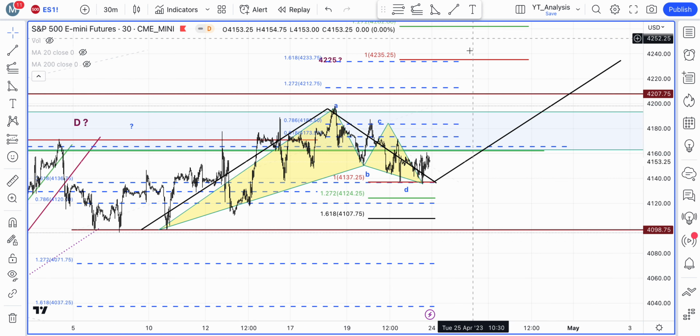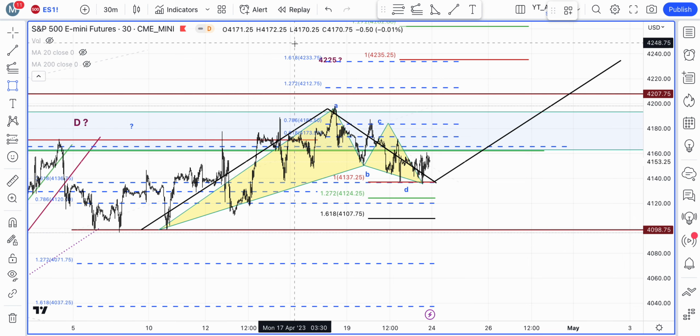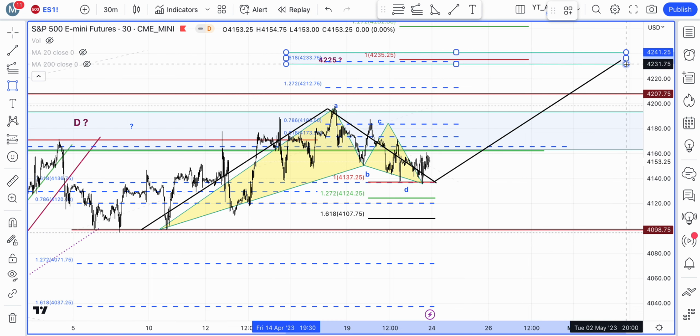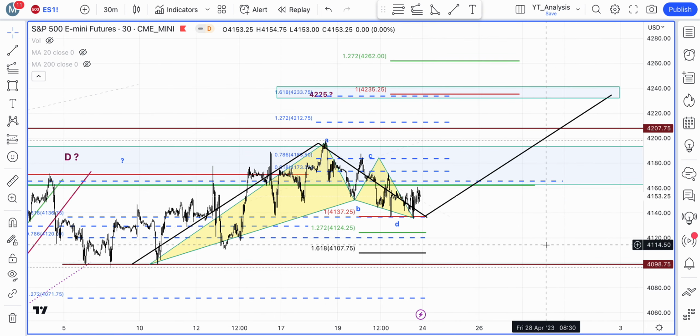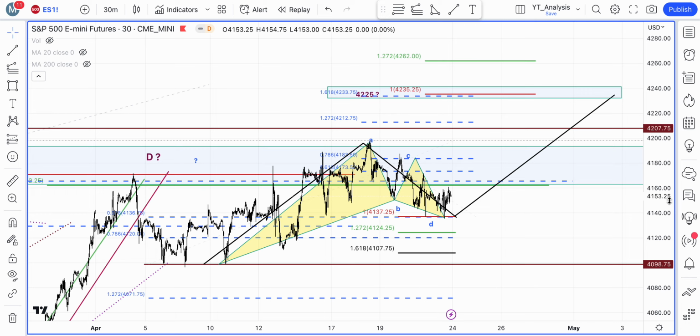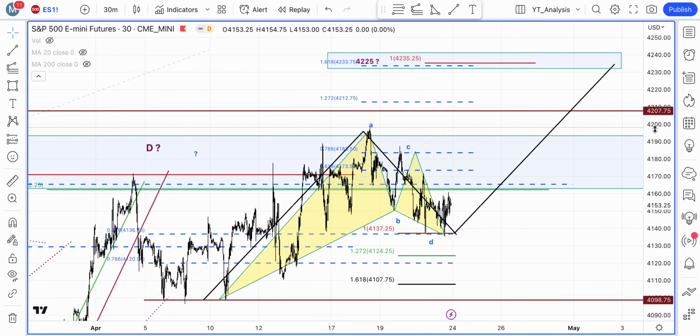There we go. So guys, around this level, there is a possibility that the market, over the next week or maybe a couple of weeks, tries to reach for this zone of 42.25 to 42.36 thereabouts.